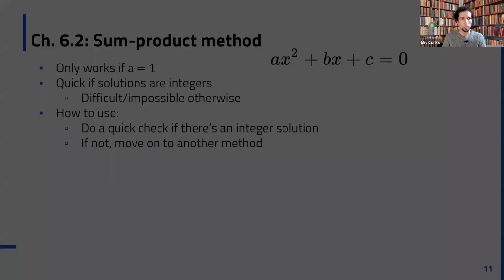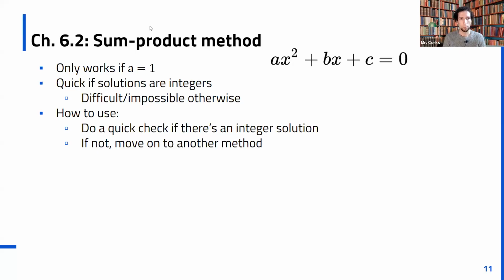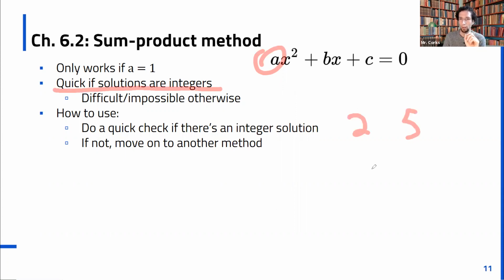So just some little summary notes here. This sum product method is only going to work if the A value is 1. So that's a necessity. Also, it's handy and can be a pretty quick way to find a solution if the solutions are integers, like a 2 or a 5 or a -3 or positive 20.